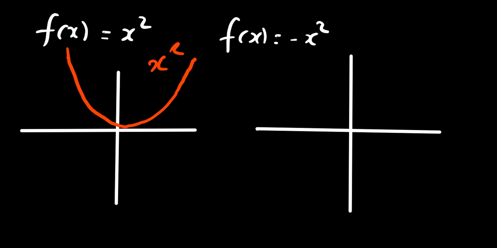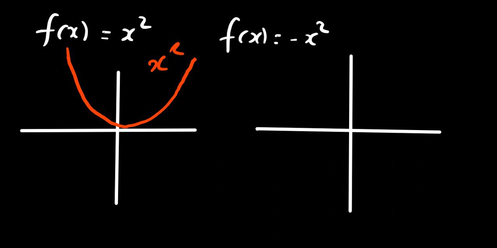You're looking at numbers that are less than 0. Then when a is greater than 0, you're looking at positive numbers, so you have a minimum. So this one is a maximum, this one is a minimum, like that. Those are the kinds of graphs that you're going to have.